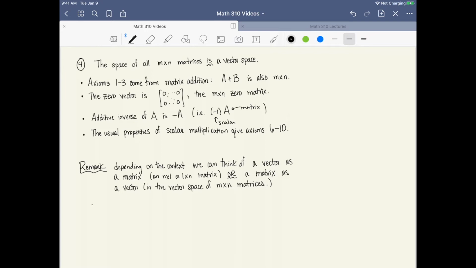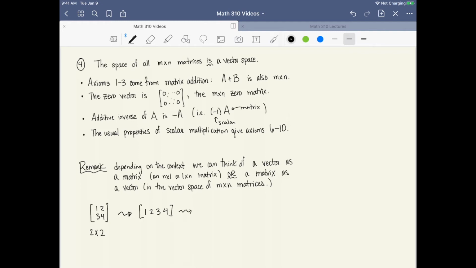So for example, if I have the matrix 1, 2, 3, 4, this is a 2 by 2 matrix. I can associate this with a 1 by 4 vector, 1, 2, 3, 4, by writing out all of the entries in a list. I could also think about this as determining a polynomial.